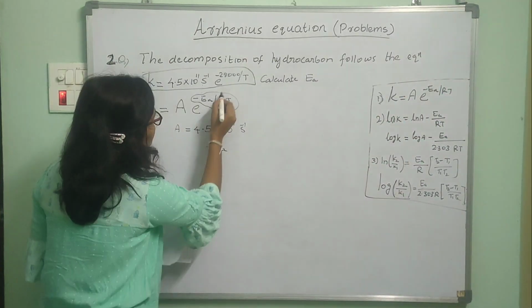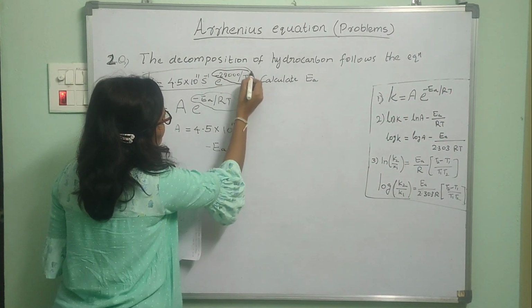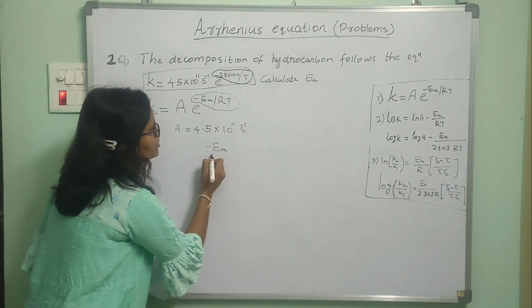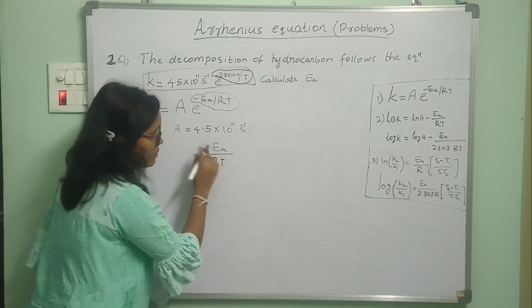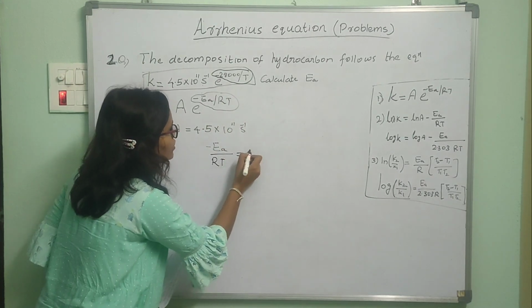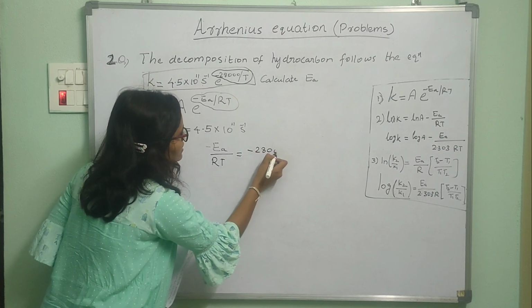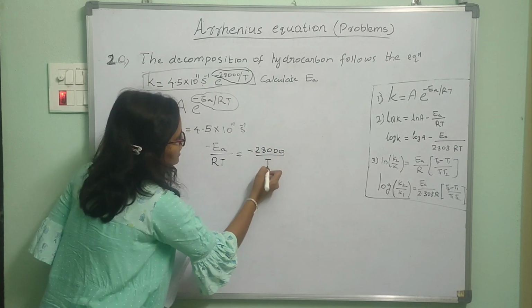This one and this one. So minus EA by RT is equal to minus 28,000 over T.